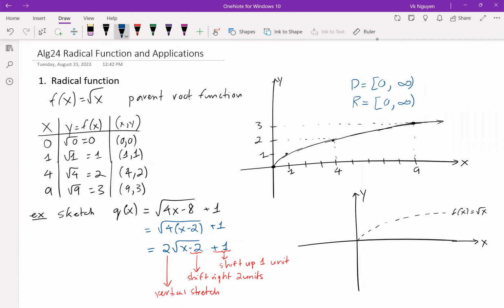And then we're going to slowly sketch the graph of g(x) using, of course, translation. Do a vertical stretch. Shift to the right 2 units. We're going to shift up by 1 unit.